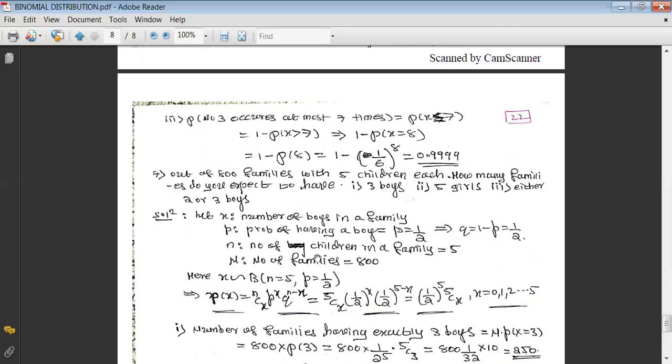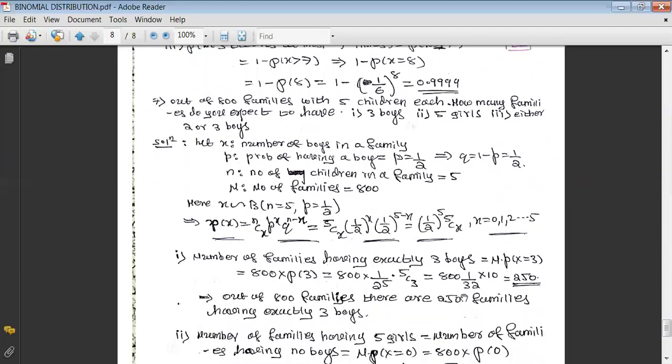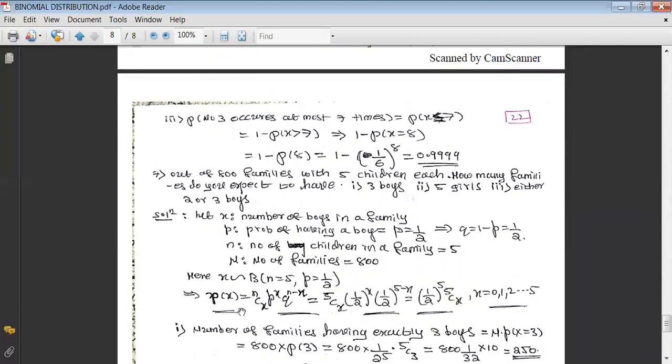But as we already stated, the theoretical frequencies are obtained using the rule, that is f of x equals n into p of x. Because of that, in order to find the frequency, finding the corresponding probability is a must. That's why first let us define the usual things.